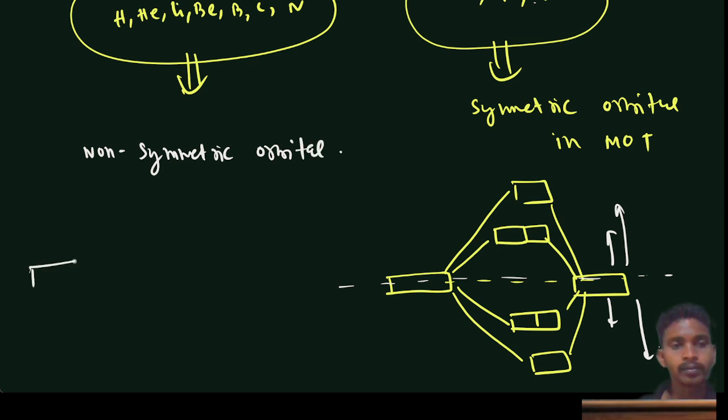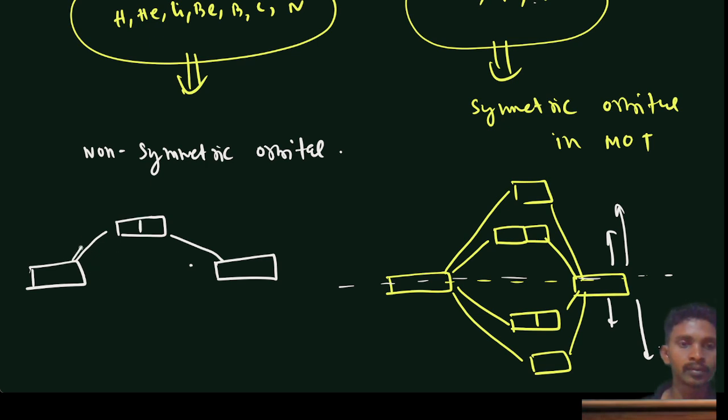Let's say this is there. Then here we will get sigma, because for antibondings there is always one pi star and again sigma star.